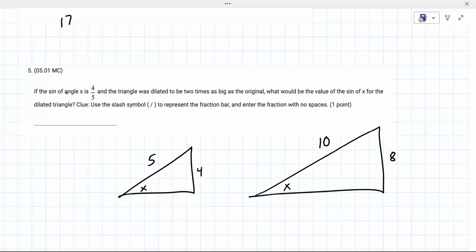So sine X is 8/10, but what does that reduce to? 4/5. Triangles always reduce down to their lowest possible form.